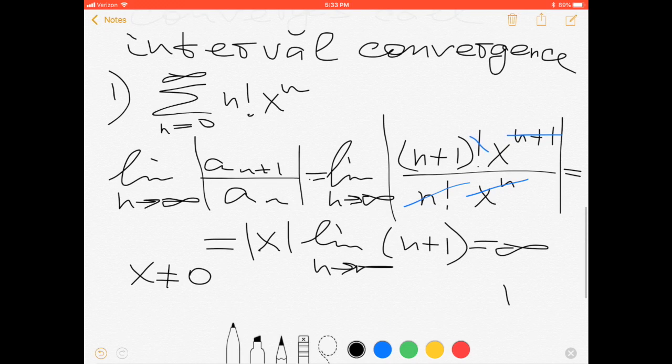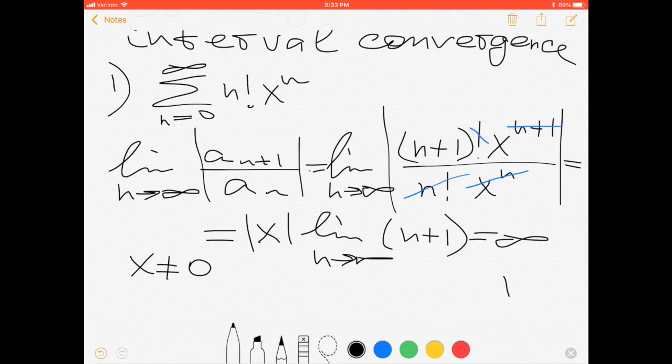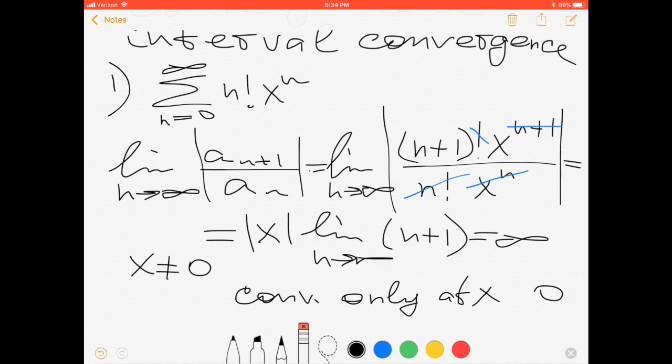This means our series diverges for any x except 0 and converges only at x equals 0.